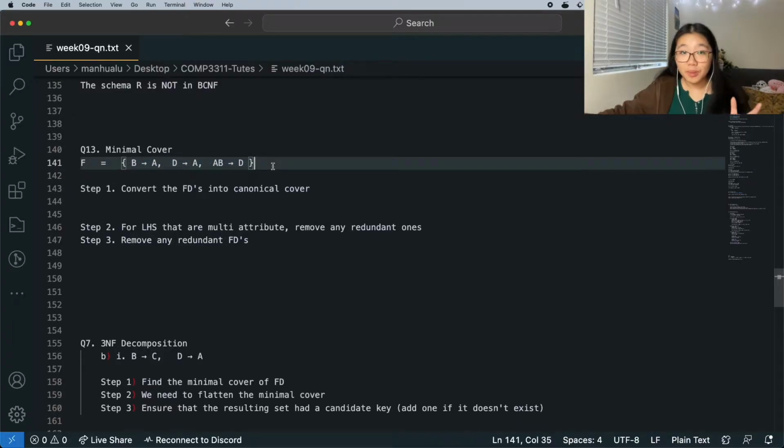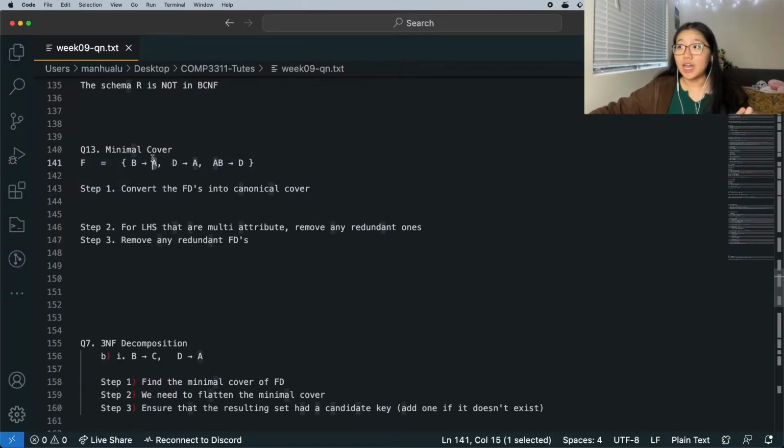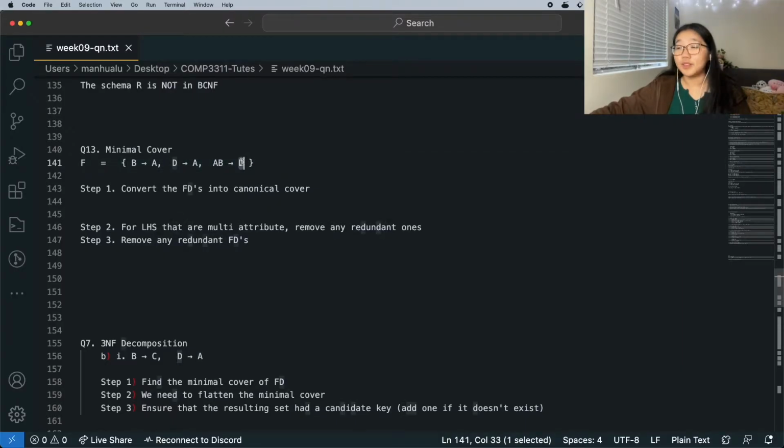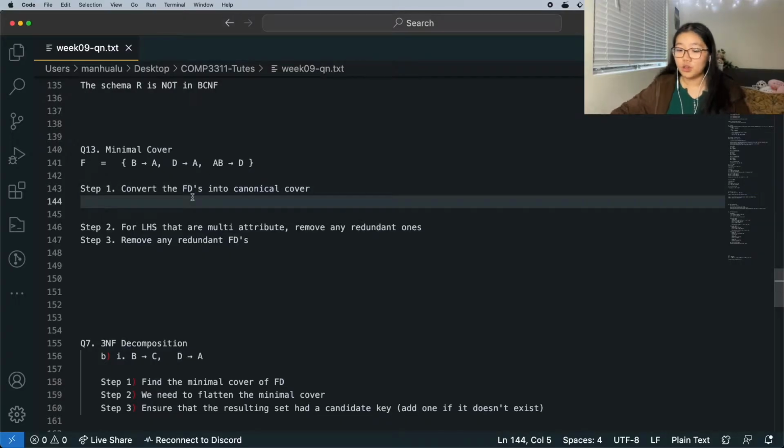Remember, that means you want all the functional dependencies to have only one attribute on the right hand side. This first one satisfies it. It's already in canonical form. That's great. This one's also in canonical form, and this one's also in canonical form. So we don't actually have to do anything for this step. Everything is already in canonical form for this one.